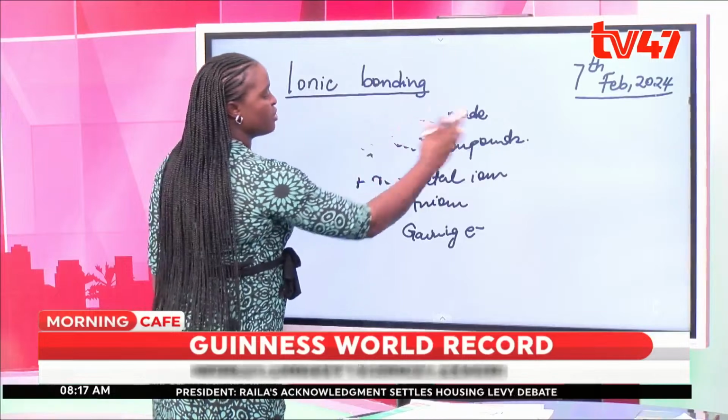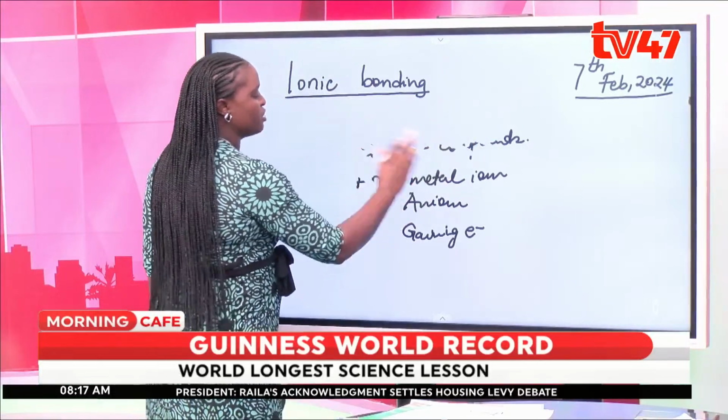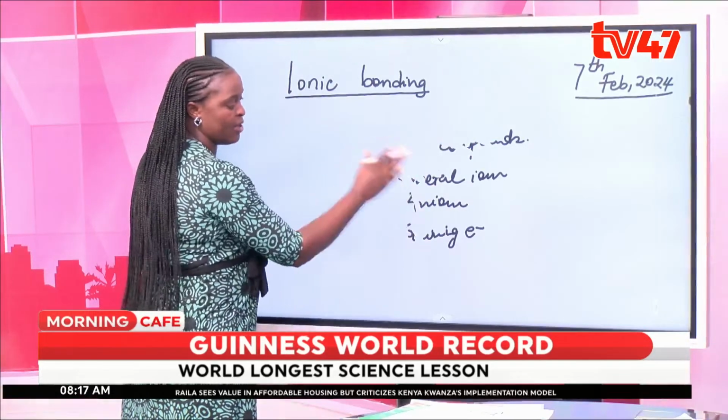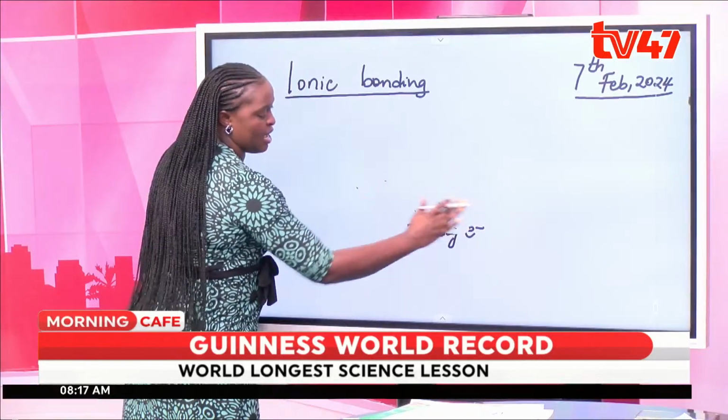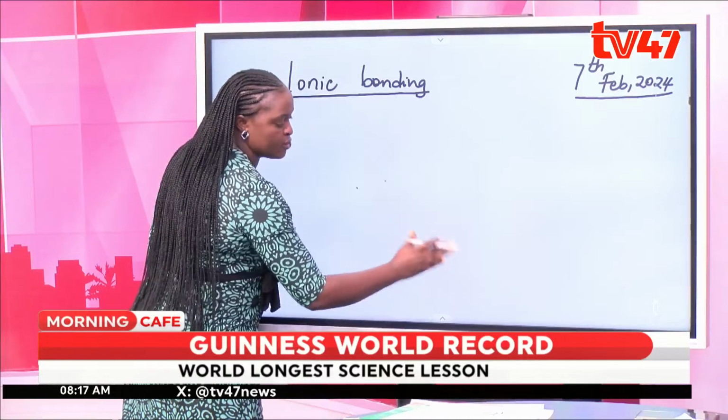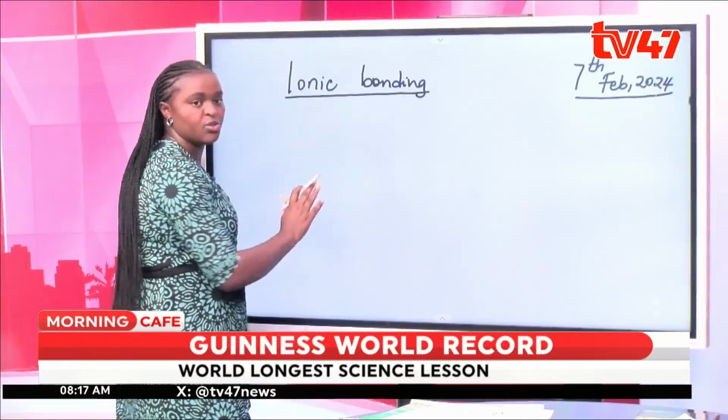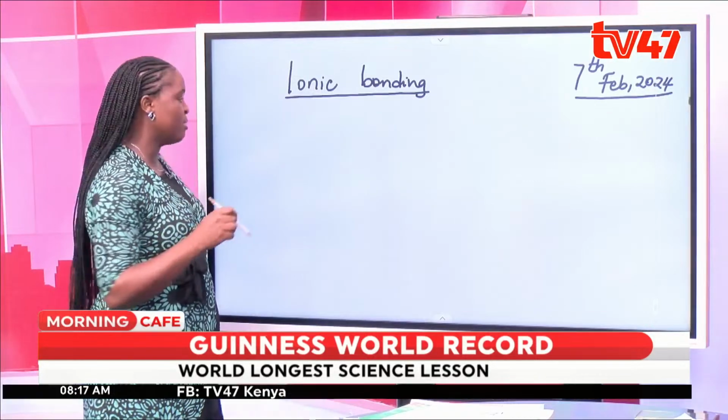I'd like to give a few examples. The first thing I'm going to show you is the formation of a sodium ion and a chloride ion, and how those two will bond to give us the sodium chloride compound.